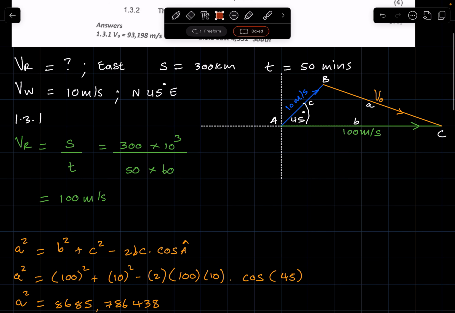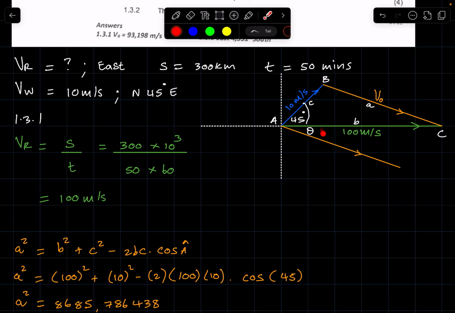So now we are going to calculate the direction of VO. If you draw VO in the correct quadrant and say we are going to calculate this angle, this angle is equal to this one here.